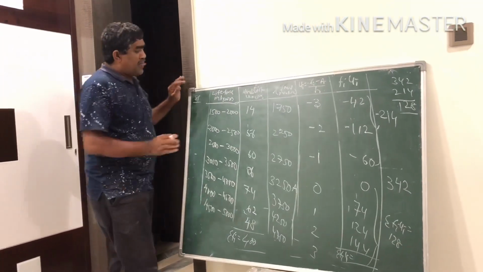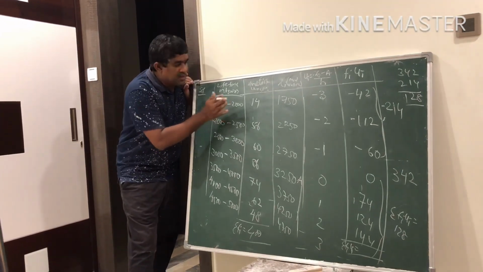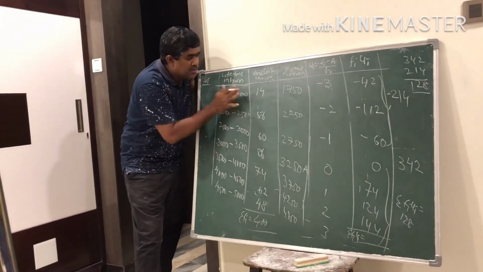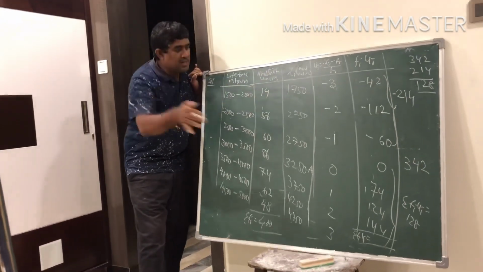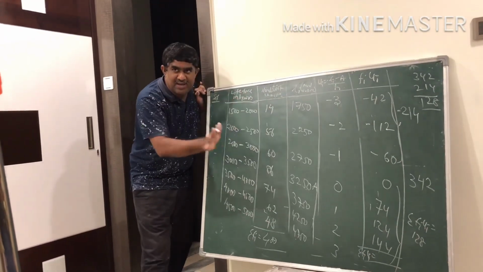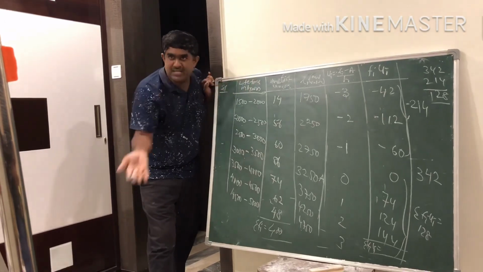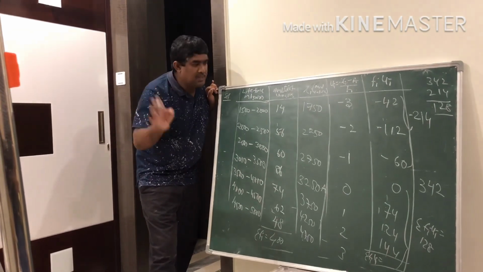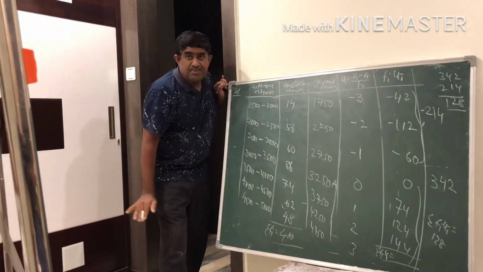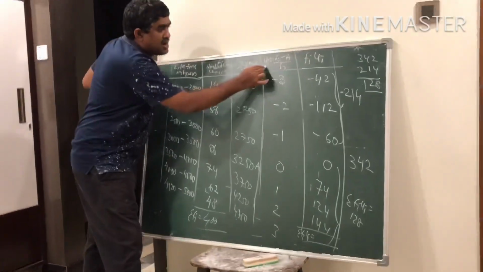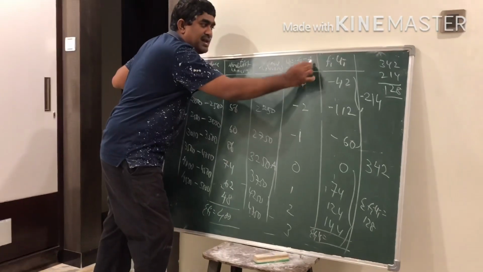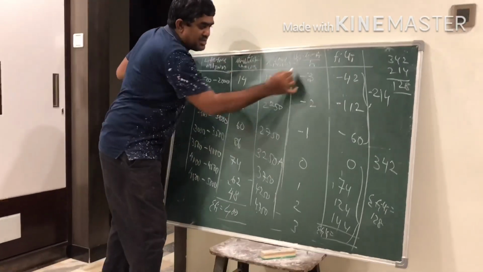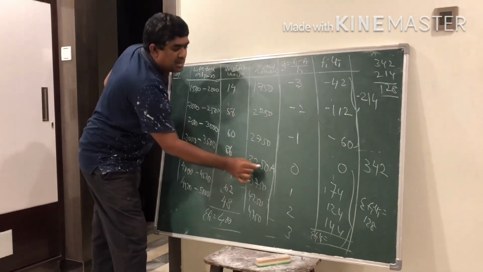Children, listen. This is the class interval given. This is the frequency given. So how will you do the mean? First you have to find the mid value. Up to that there is no difference between the general method and the deviation method. Both the methods are the same. You got this mid value. After mid value, what do you have to find? Mu i. Mu i equal formula xi minus a by h. A is any assumed value in the mid value.